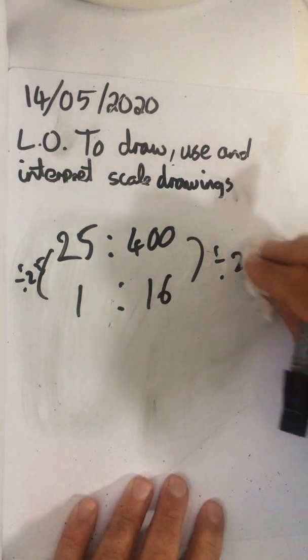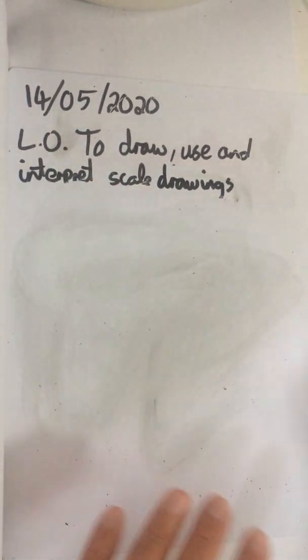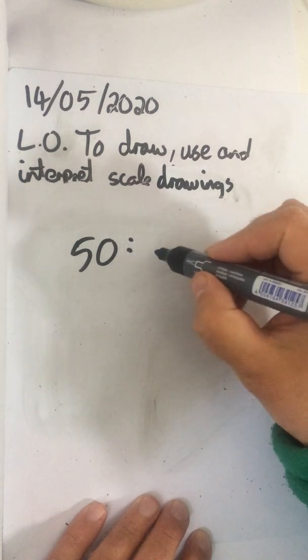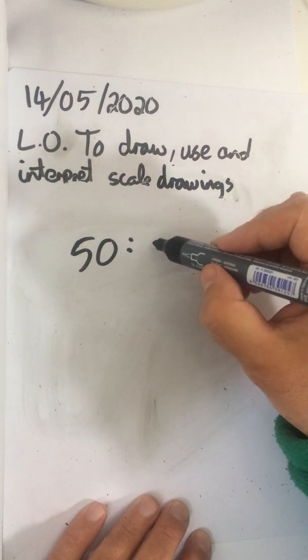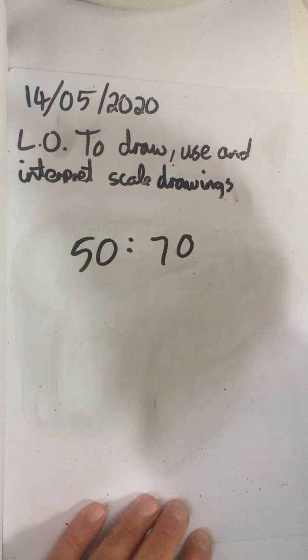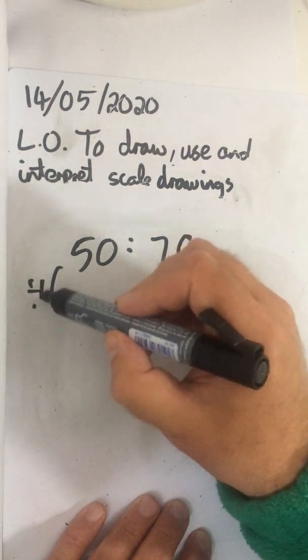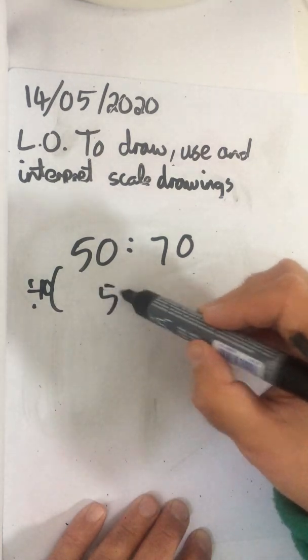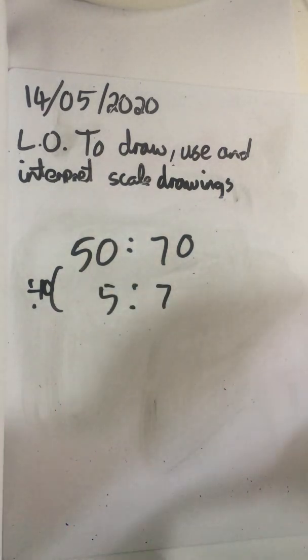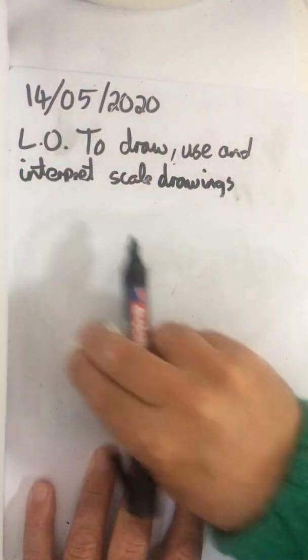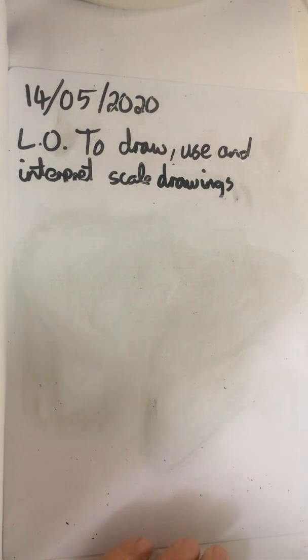Okay, and they don't have to end in 0, so if you have 50 to 70, the highest common factor there is 10. So you divide both by 10, you get 5 to 7. So that's simplifying ratios. And there is a question which will ask you to do basically simplifying ratios.